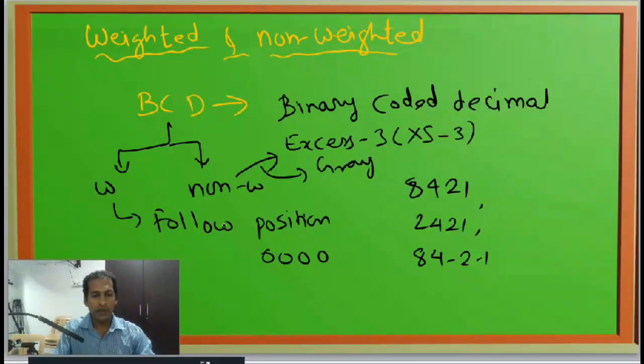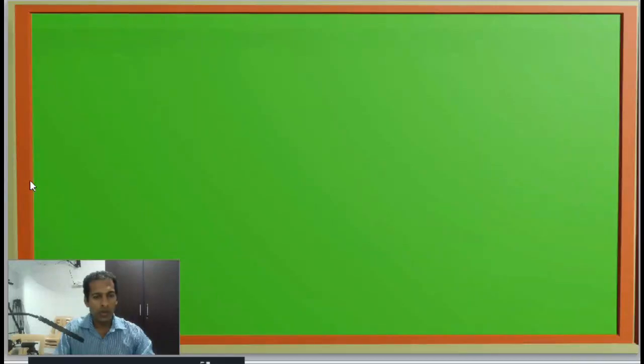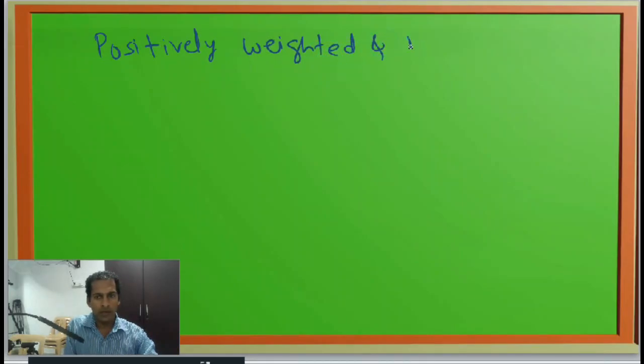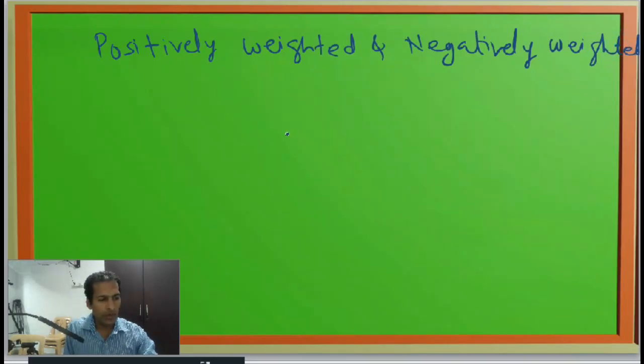Further, there are 2 types of weighted codes: positively weighted and negatively weighted codes. Like this we can classify them.